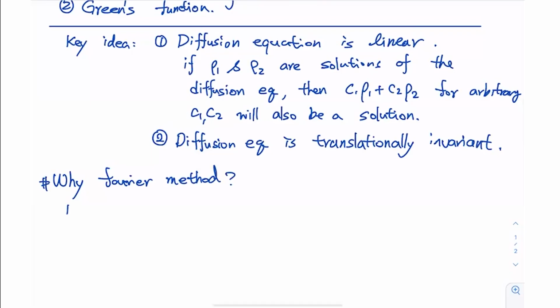The Fourier method is usually useful when we are trying to study something with a translational symmetry.